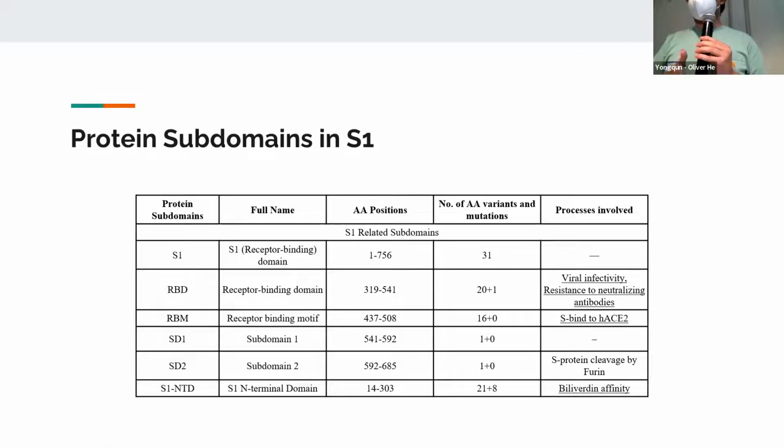Now, some of these can also be linked to changes when it comes to drugs or vaccines, such as the N-terminal domain being used for the affinity to the treatment delivered.